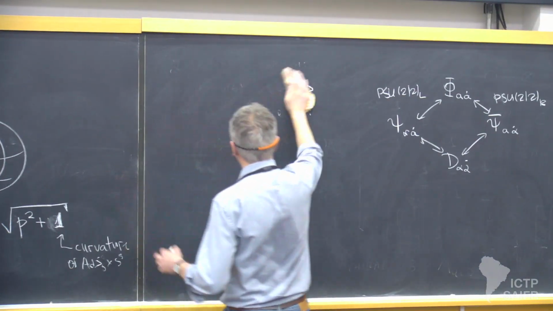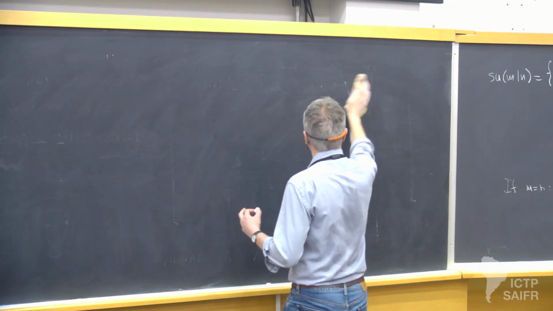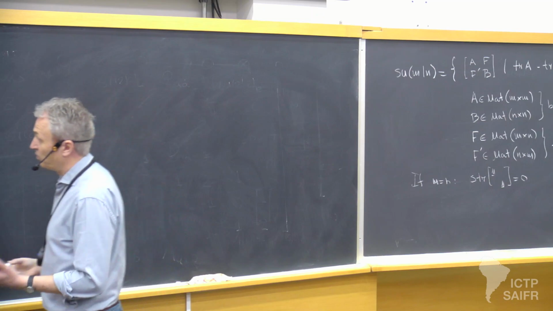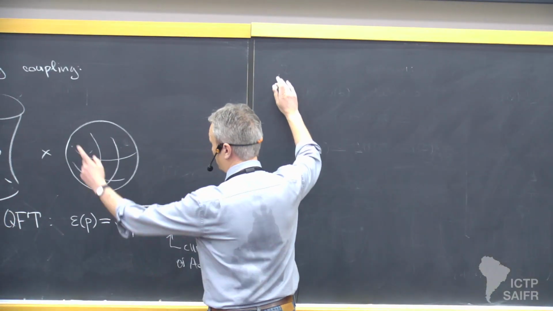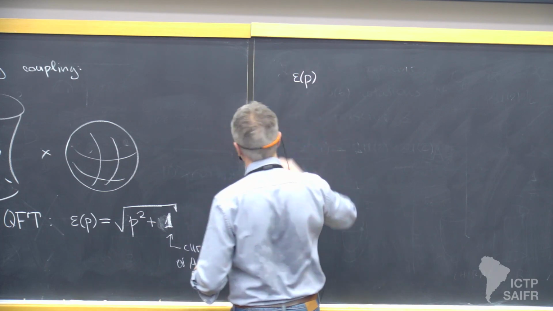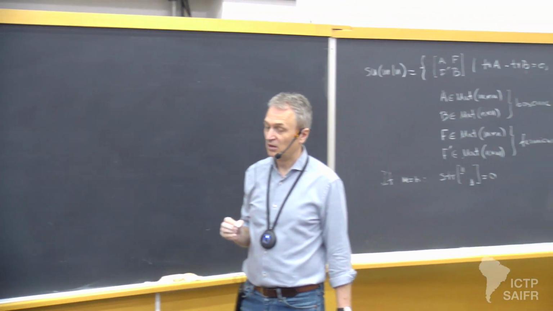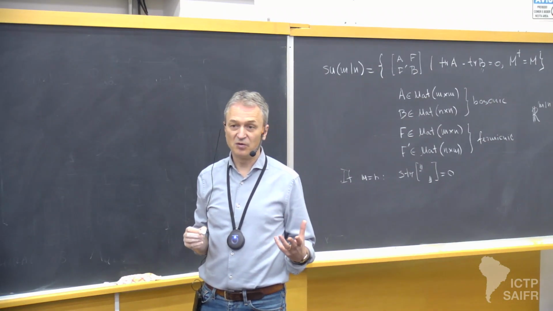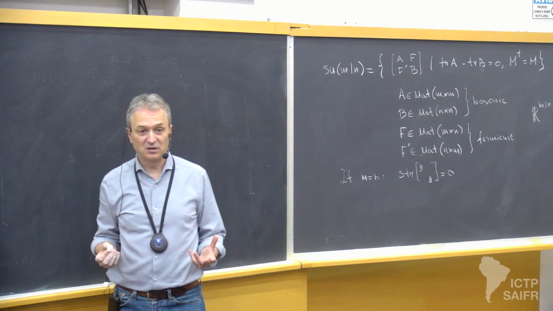So let me just write down the answer. Of course there is no unique way to write a function that would interpolate between these two limits. Instead, what one can do is look at the representation theory of the unbroken algebra, which is PSU(2|2) squared.